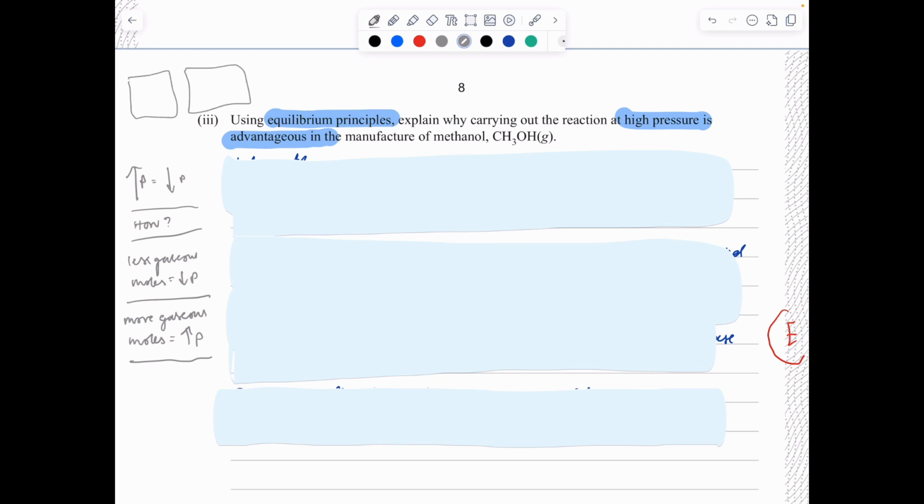If something has less gaseous moles, there's less pressure. If something is crowded with lots of moles, there is going to be more pressure. More moles, more pressure. Less moles, less pressure. In this case, we want to decrease the pressure to counteract the increase, so we want to favour the side with the least number of moles.